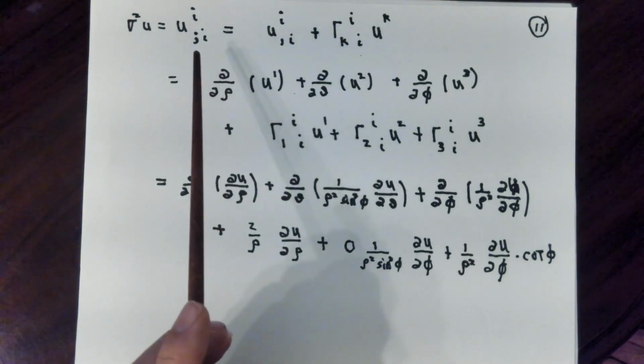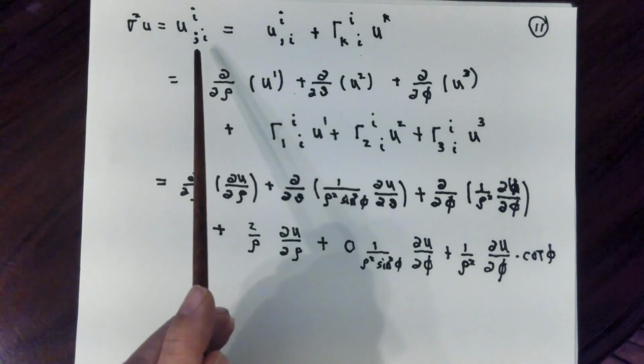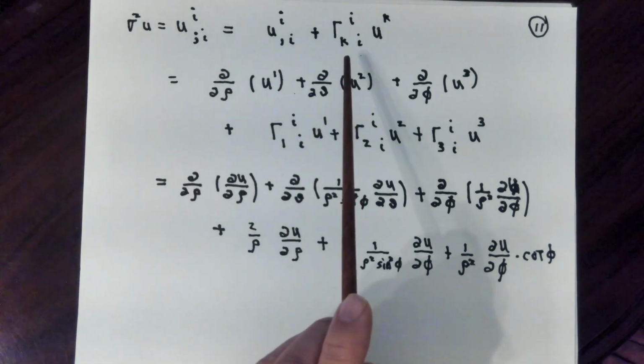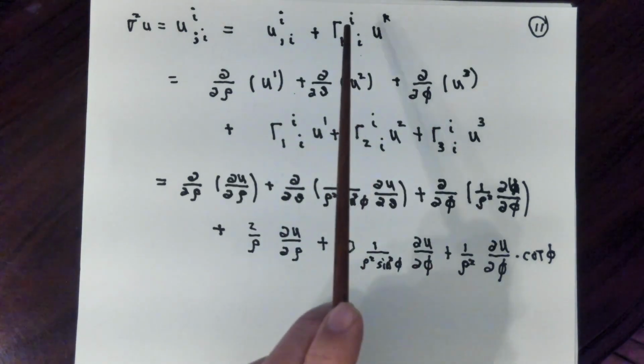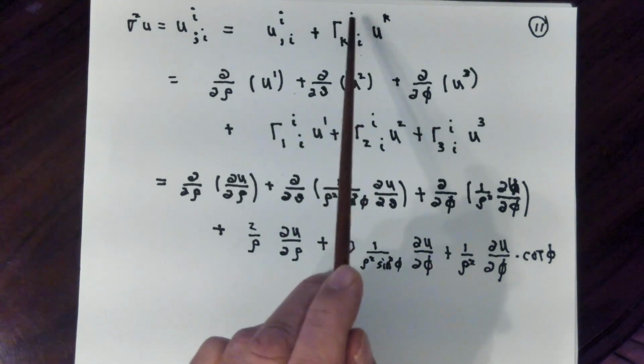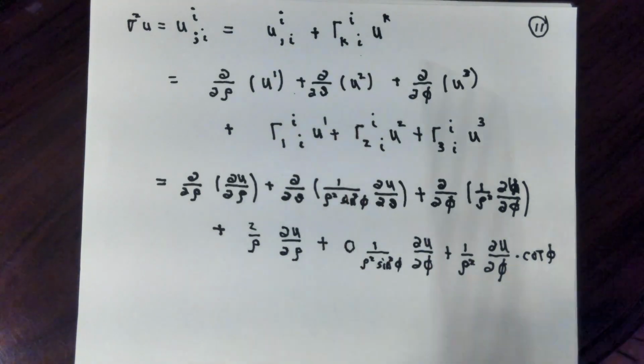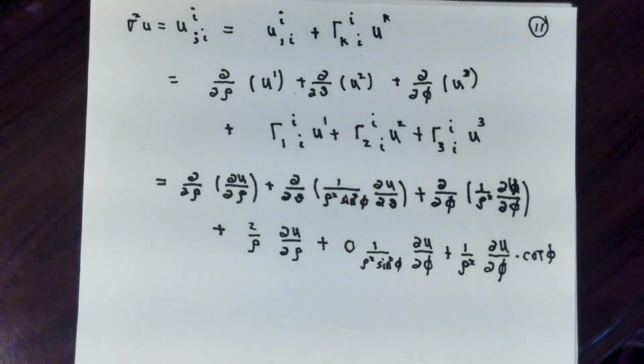But I know the definition of the covariant derivatives of vector components. I can just write it like that. And notice, Christoffel symbol, same index upstairs, same index downstairs, and some other index. Those are those special numbers that we talked about when we were talking about the identity in the previous video.